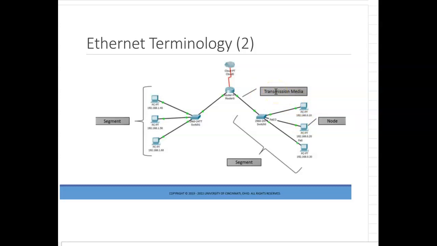Ethernet devices attach to a common medium that provides a path along which the electronic signals will travel. Historically, this medium has been coaxial copper cable, but today it is more commonly a twisted pair or fiber optic cabling. Segment refers to a single shared medium as an Ethernet segment.